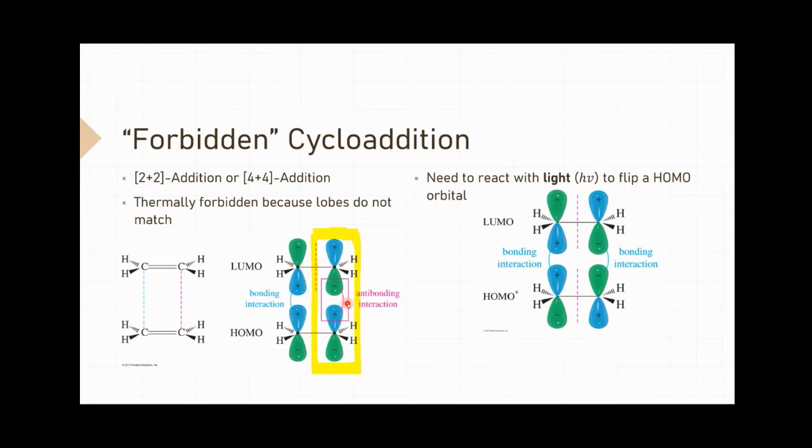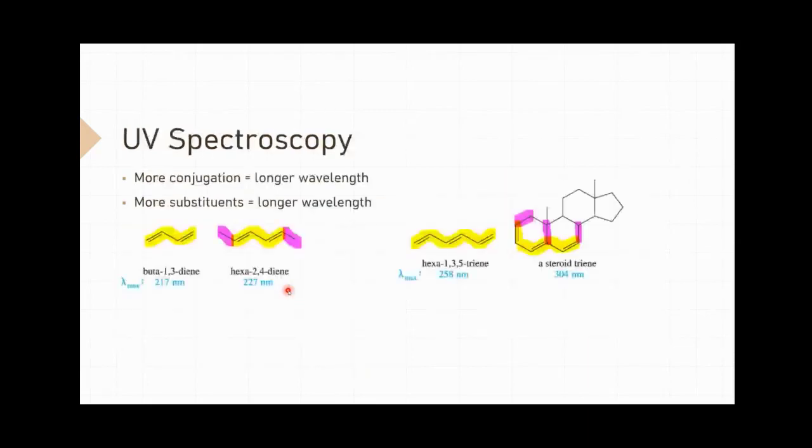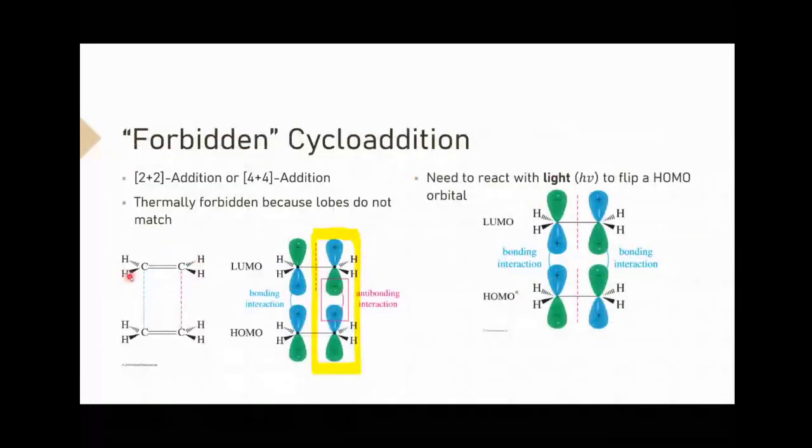So what you need to do is react it with light, and that will flip the HOMO to where it'll match the LUMO. And so by adding light, I can bond both sides and get, in this case, a square.